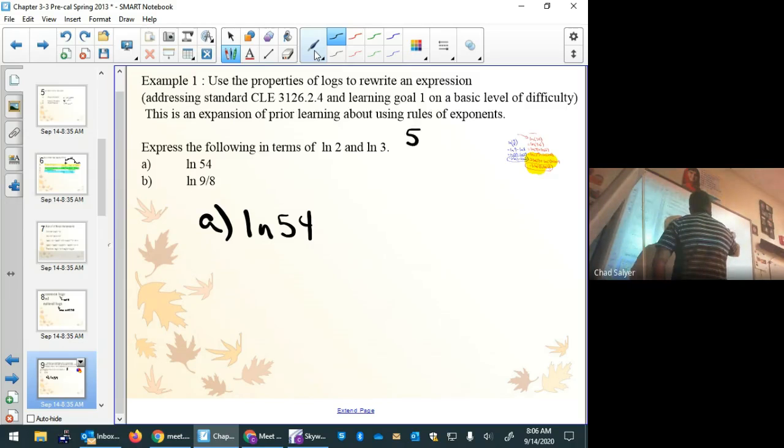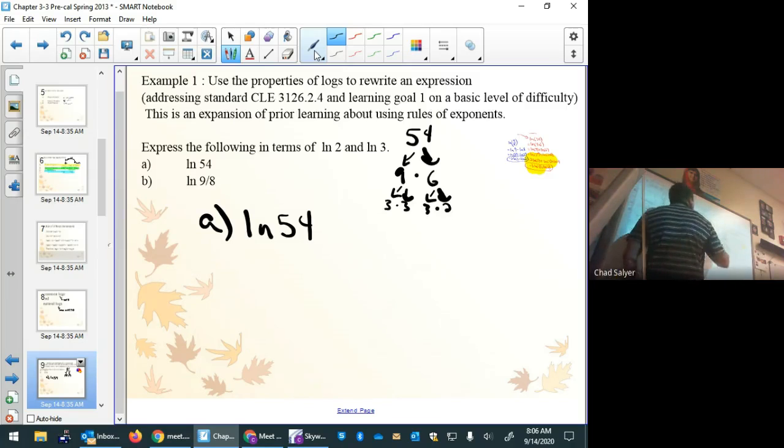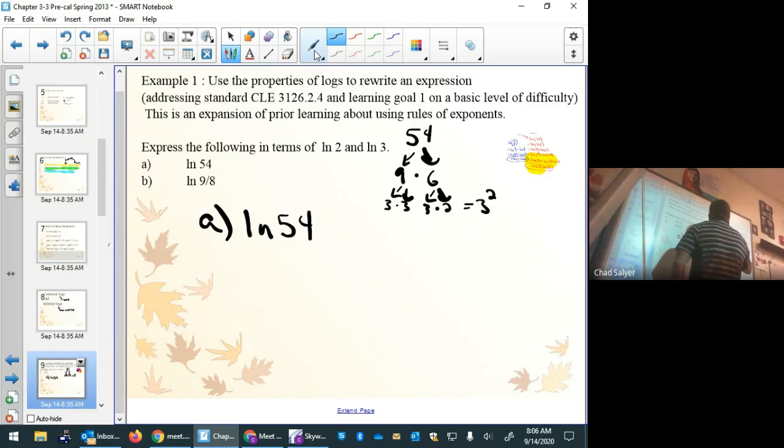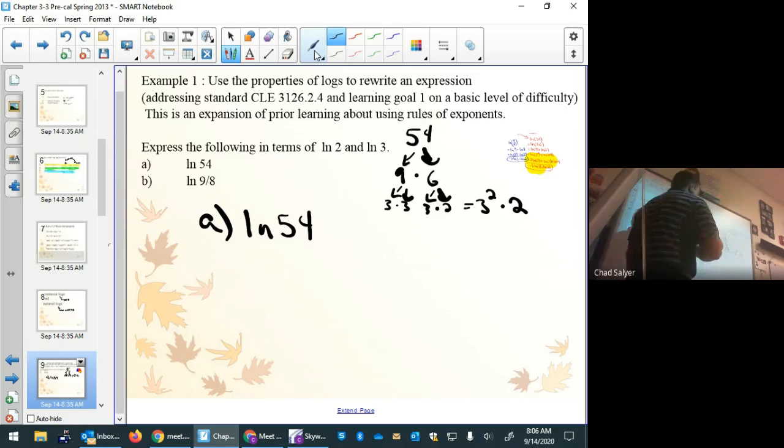So if I think about 54, well, that's 9 times 6. And so that's 3 times 3, and then that's 3 times 2. So what I've got is 3 squared times 2. Does everybody see why that's the case?